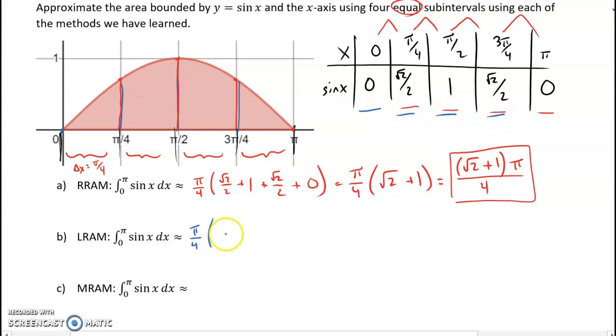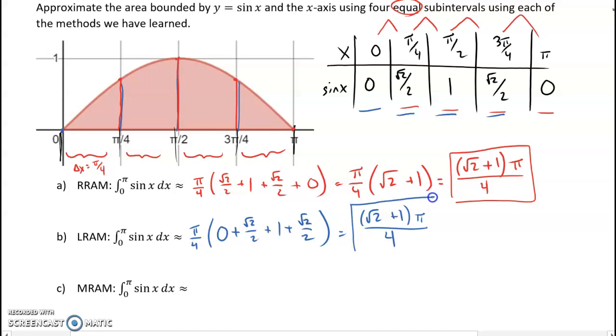You might see what's happening here. We end up with exactly the same values in our parentheses. The 0 is just at the beginning instead of at the end. This doesn't normally happen. Normally the LRAM and the RRAM give us different values, but just due to the symmetry of this problem, we end up getting the exact same answer.